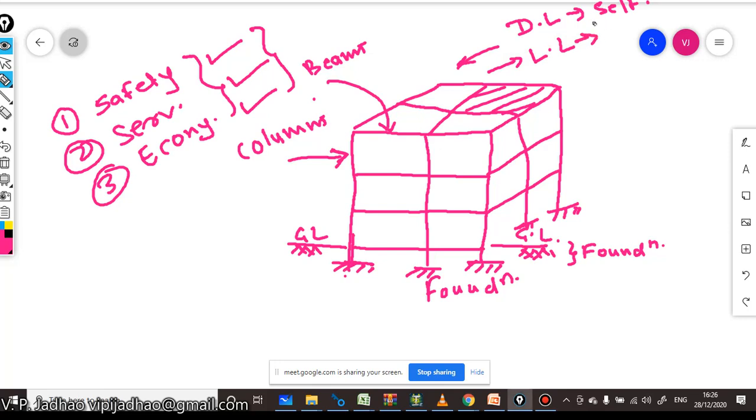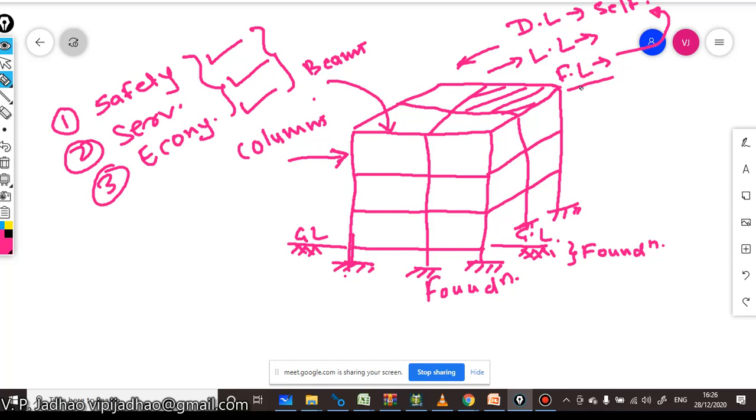Live load is the weight coming from movable objects such as human beings or any other movable things. Then we have finishing load, which is some type of dead load itself. It will be, let us consider, your tile work and other work. For that we consider the finishing load.